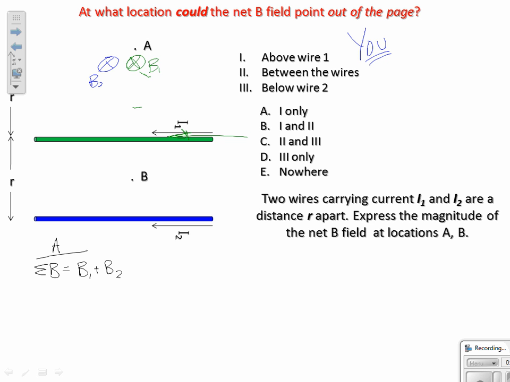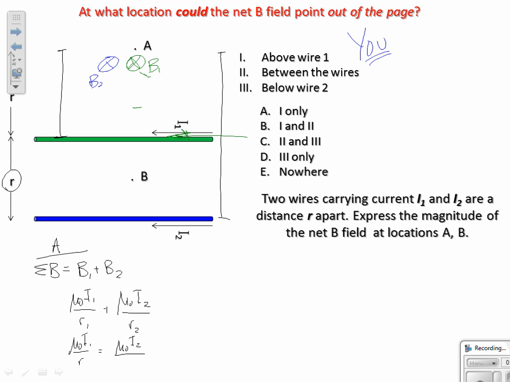Okay, so we're going to write this as B1, mu naught I1 over R1, plus B2, mu naught I2 over R2. Now, if you notice in our diagram, we have these separations. So at point A, distance R1 is just R: mu naught I1 over R. Distance R2 is from here to here, so that's 2R: plus mu naught I2 over 2R.